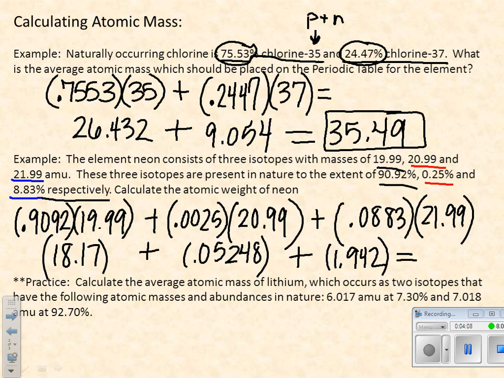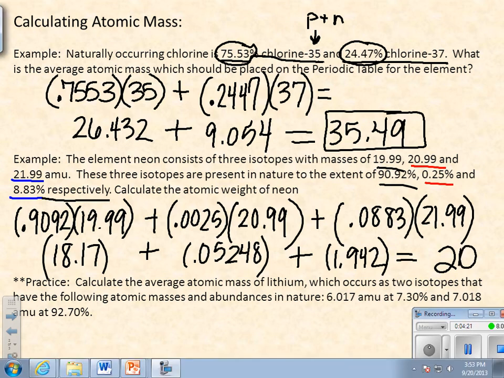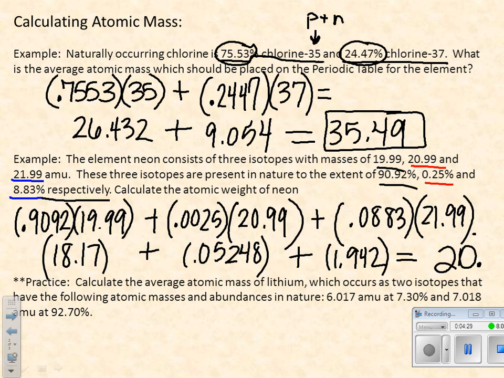Okay, you should come up with a number, and that number needs to be rounded to the correct number of significant figures. So we're going to round this one to 20. All right, so once again, we said 2 significant figures, so make sure you get that decimal in there to make it 2 significant figures.